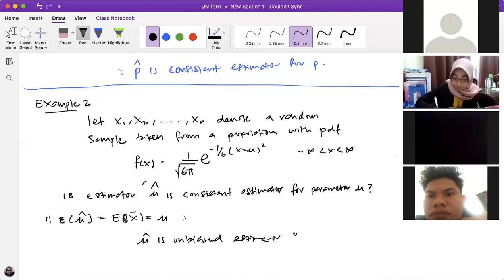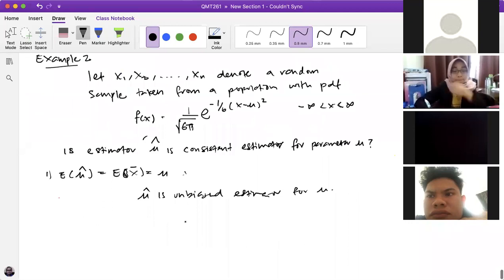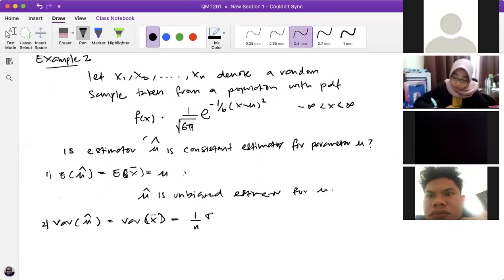for mu. To test whether this estimator is consistent, first we need to make sure this estimator is an unbiased estimator. The second step is we need to find the variance of mu hat. This is the variance of x bar, which is also equal to 1 over n multiplied with sigma squared, right?